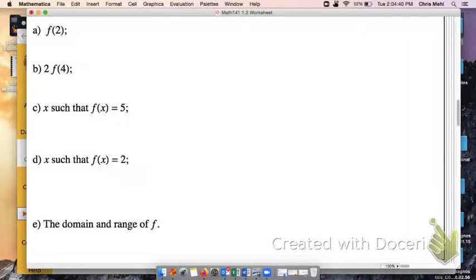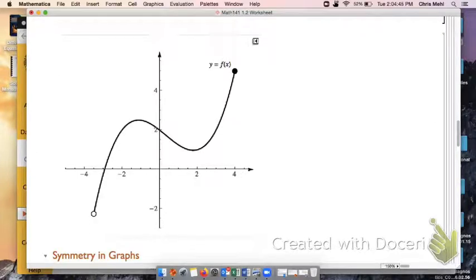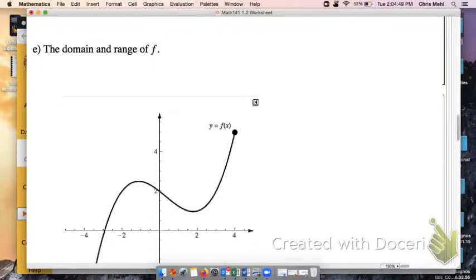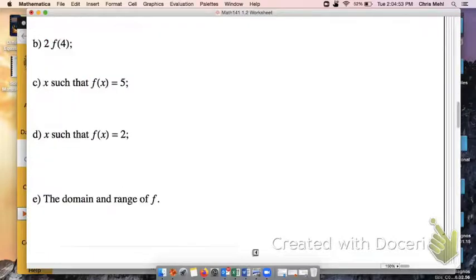Let me resize my window. So here's the graph of a function f of x, and I need to answer these 5 questions.